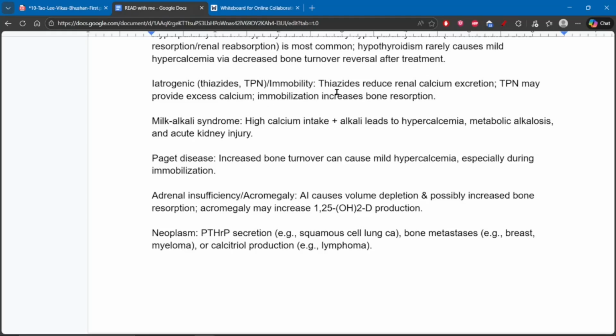And lastly, immobilization increases bone resorption. So if a patient is not walking, is completely on bed rest, physiologically the body says that I don't need all of this bone mass, because now the bones are not bearing the weight of the body. So it starts to resorb some of that bone mass and release calcium into the blood.